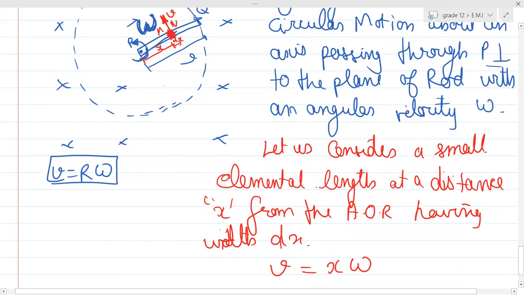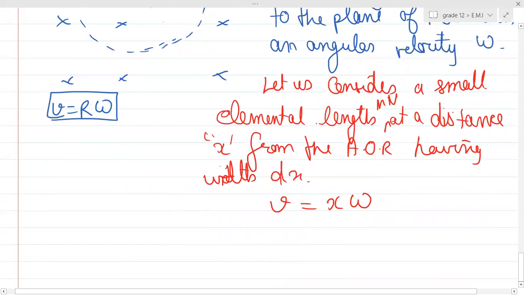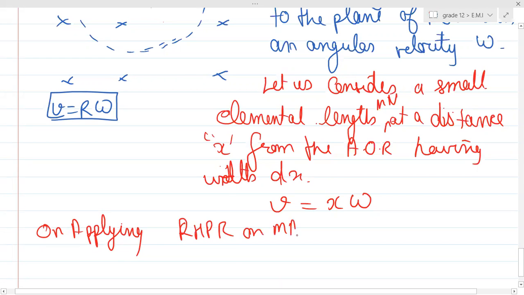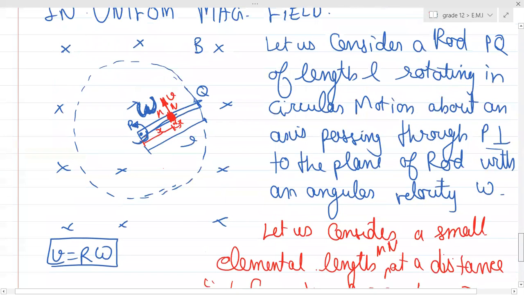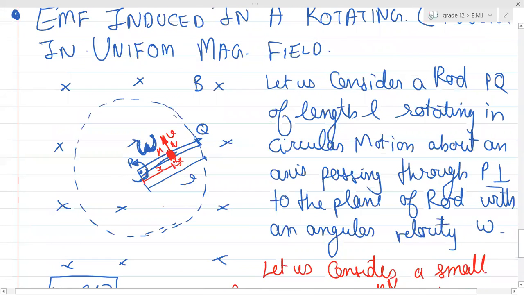Let's name it MN. Yes, sir. Small elemental length MN. Now, can anyone apply the right hand palm rule on MN and tell me which end is positive? Is M positive or N positive?